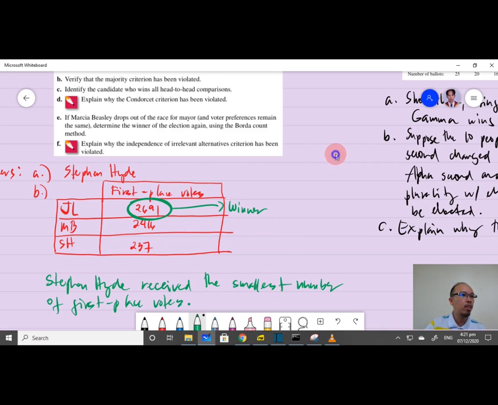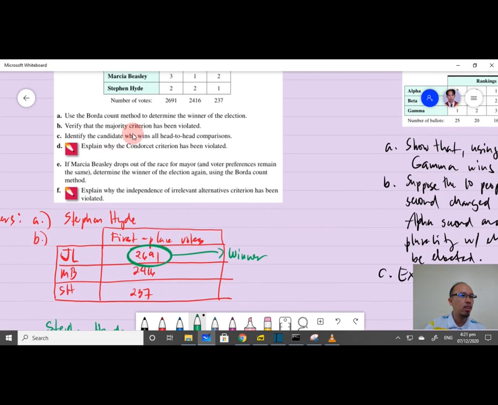So that is why it violates the majority criterion.